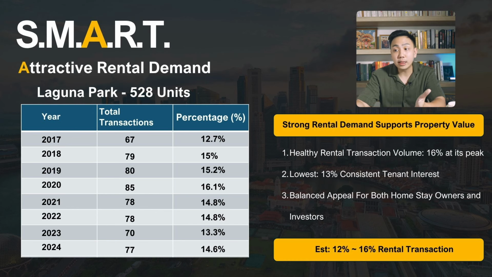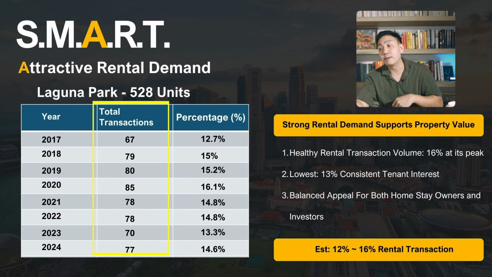Thirdly, we look at the rental demand. East Coast area, easily you can rent out, and the transaction volume is easily above 70 to 80 per year, which works out to be around 12 to 16% rental transactions per annum. This again shows strong rental demand, and strong rental demand will support your annual value.